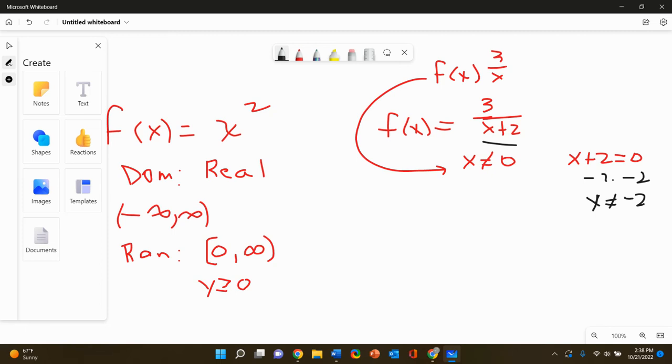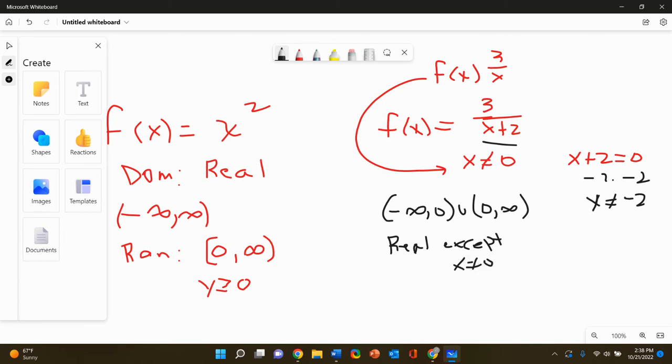Now, how would I write these domains out? For this first situation, I'm going from -infinity to 0, and then we're going to have a union that goes from 0 to infinity. Sometimes it's acceptable to say it's all real numbers except x cannot equal 0.